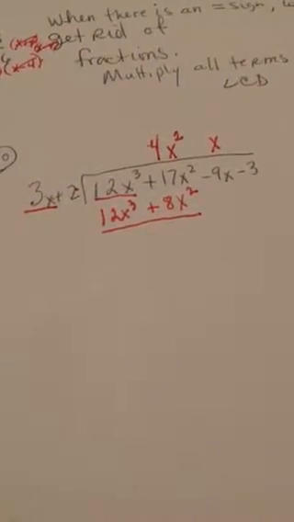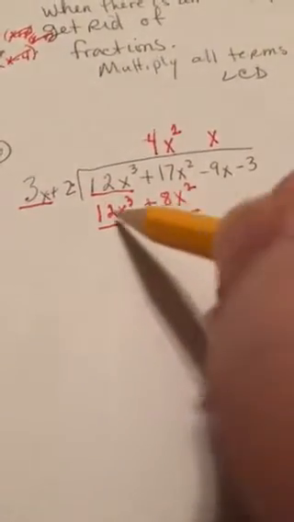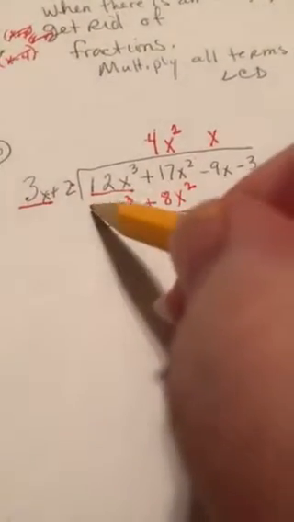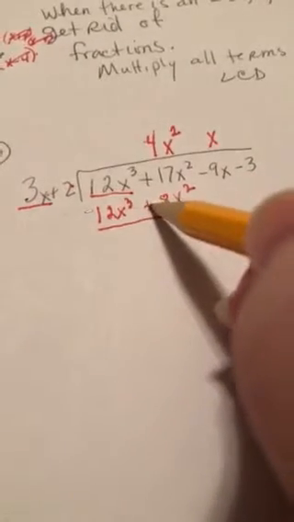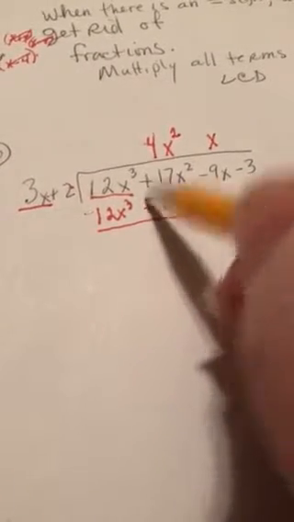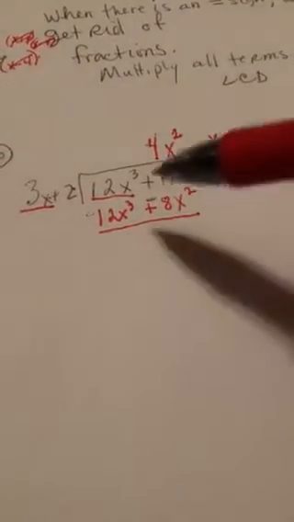All right, now we want to subtract at this stage, and I think the easiest way to do it is just change the signs of whatever's in this second row. So if this is positive, I'm going to make it negative. This is positive, I'm going to make it negative, and then we just combine like terms. That's easier for my brain to do it that way.